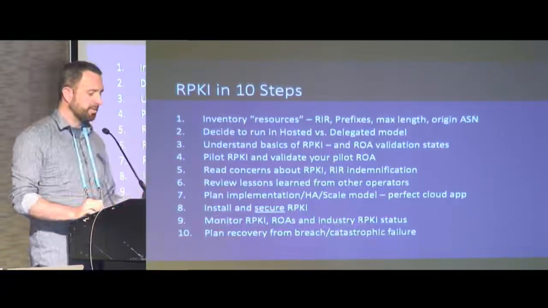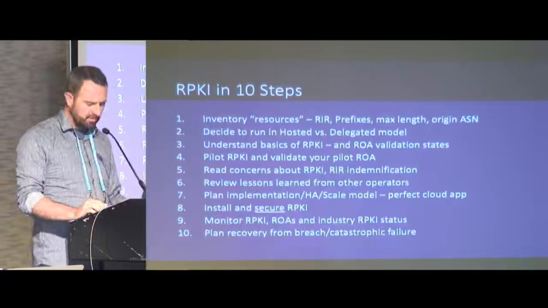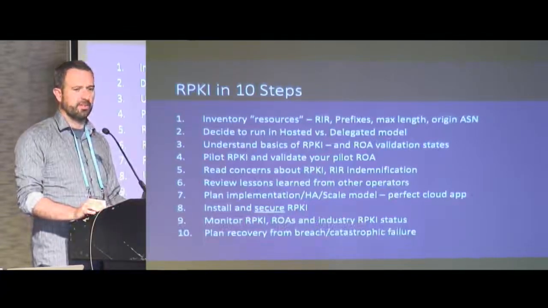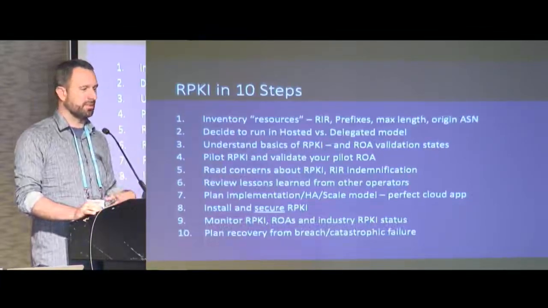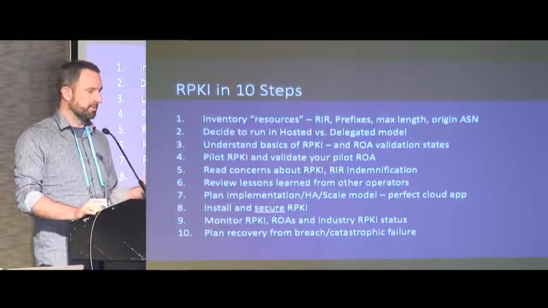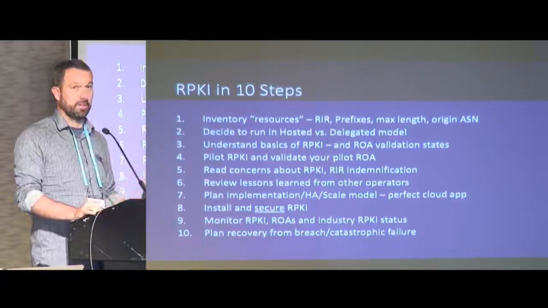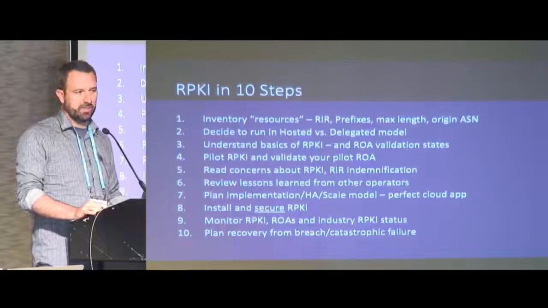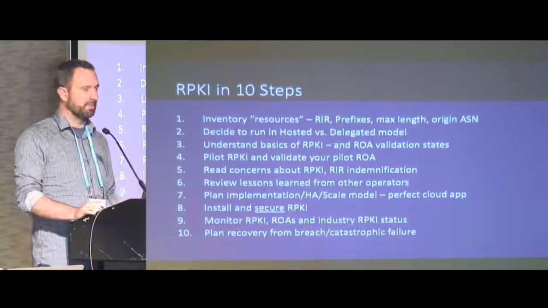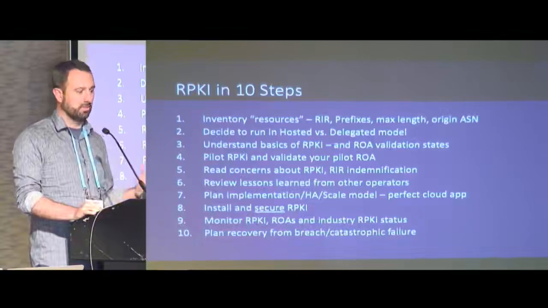The other thing I would say is to plan recovery from breach and catastrophic failure. The RPKI net tools, which is the predominant open source software out there today, does not have support for a hardware security module like the RIRs do. So depending on how you secure it, you could potentially have your private key sitting on your server.